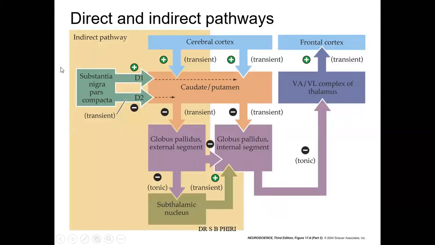You can see here, the D2 receptors are going to alter the ion conductance of these glutamatergic receptors, which are also channels. So the indirect pathway is going to be inhibited. So via D1 and D2, the direct pathway is going to be enhanced and the indirect pathway is going to be inhibited. That will result in the thalamus becoming more active, stimulating the frontal cortex and also the motor cortex. That will bring about movement.